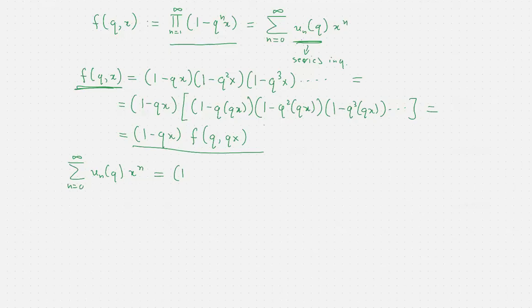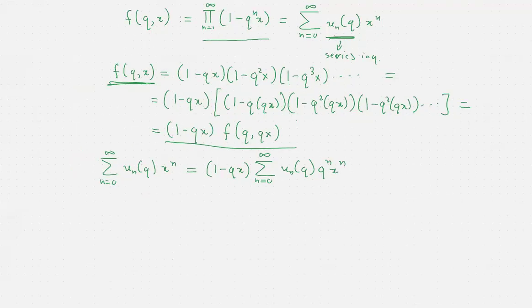And then sum from n equals 0 to infinity of u_n of q times q to the n times x to the n. And now the idea is very simple. Let's just look at both sides and see what is sitting in front of x to the n on both sides. So on the left, we simply have u_n of q.